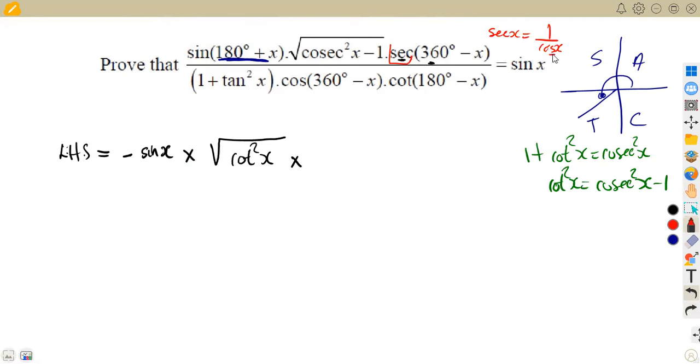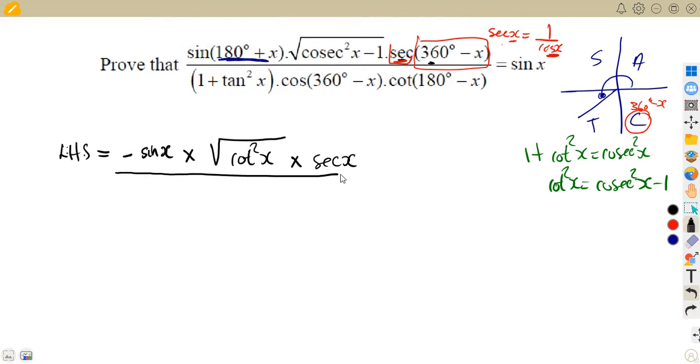So if cos is positive, sec is positive. If cos is negative, sec is negative also. So in the 360 minus x, remember, this is the last quadrant, the fourth quadrant, where cos is positive. So it means sec is also going to be positive. So we are going to obtain sec x being positive, all right?